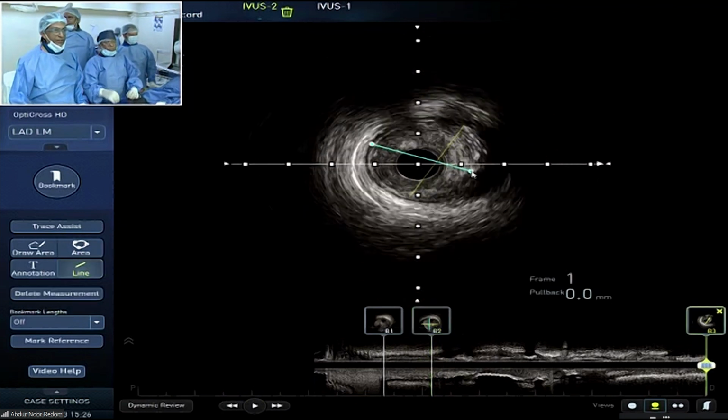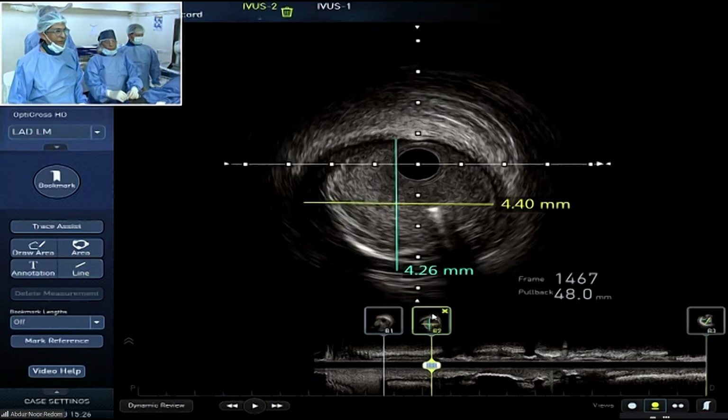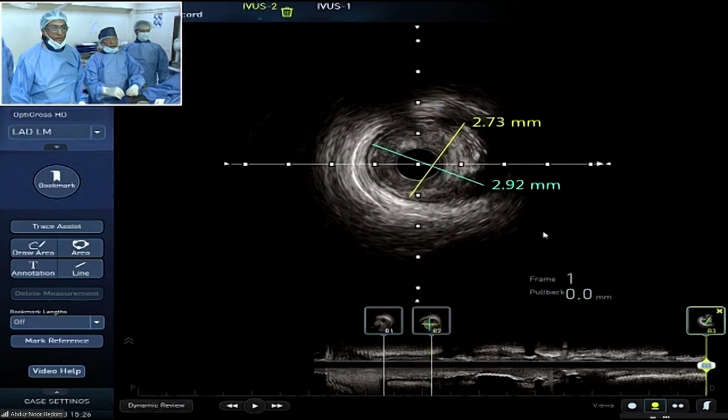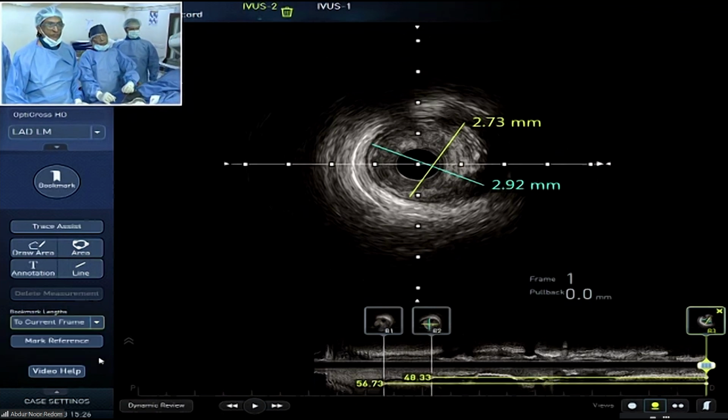There's at least about a 3 millimeter vessel distally, and proximally it is almost 4.5. Approximately 4.4. So there is a gross mismatch between proximal and distal diameter, 4.4 and 2.75.